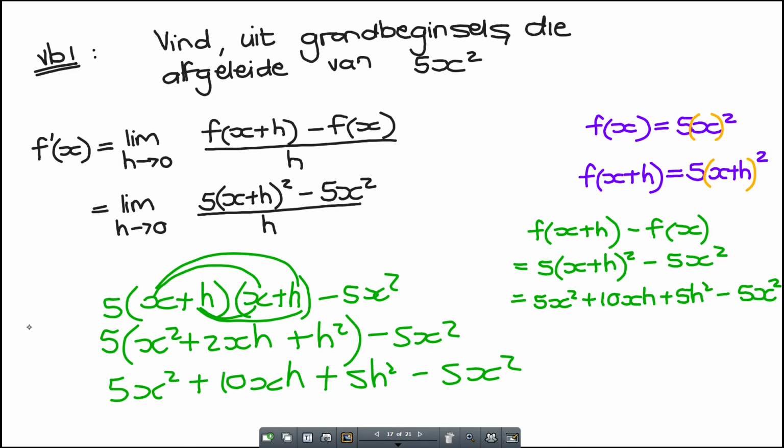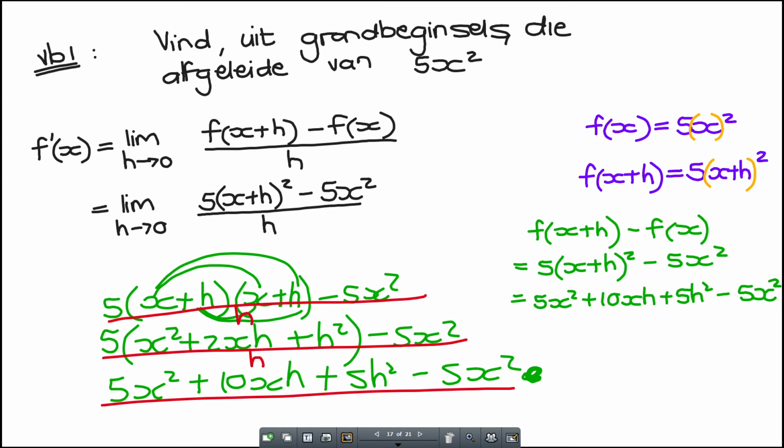You could technically skip to this. That is why I say, because you might not like writing that over h, and then this over h, and then this over h. It's a lot of writing. So that is why some kids prefer to do it here on the side.